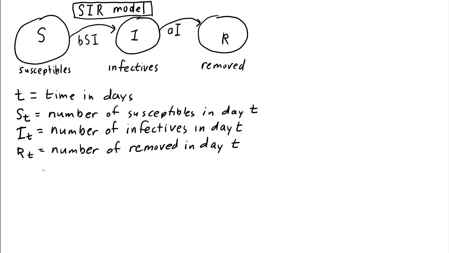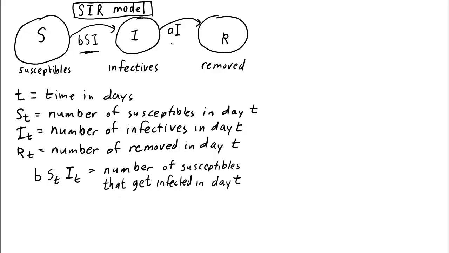So let B times S sub T times I sub T, from over here, be the number of individuals that are infected in day T. Similarly, we will let A times I sub T be the number of infectives that get better, or get removed, in day T.